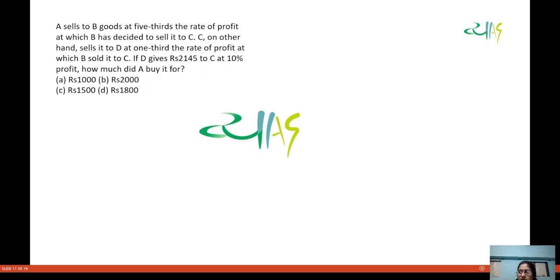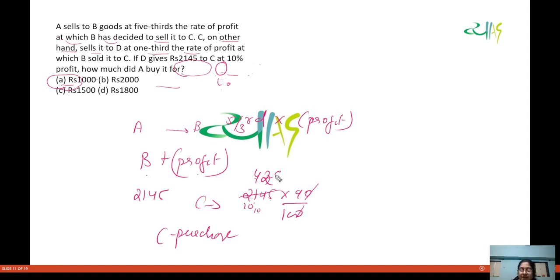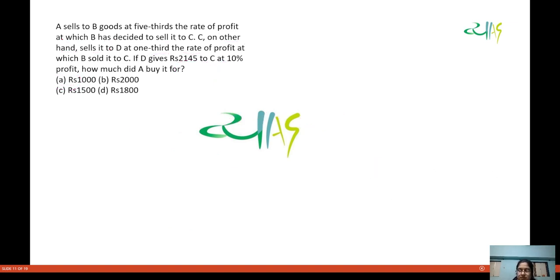Okay. So basically, the question is again a convoluted question. So let us start it. So A sells to B goods at 5/3 the rate of profit at which B has decided to sell it to C. Okay. Guys, look at this super convoluted question.